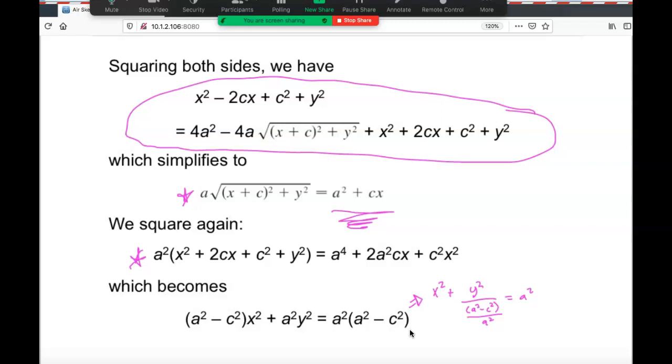So just remember that if I take y squared and I divide by this, I would flip this and multiply, and that would get me back to here.